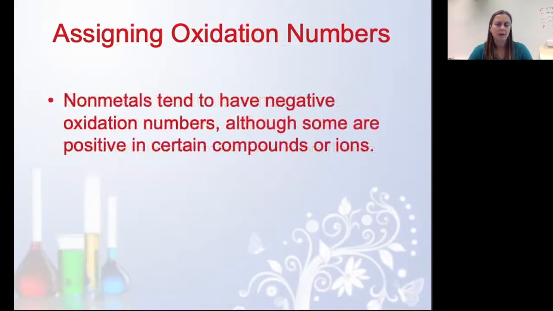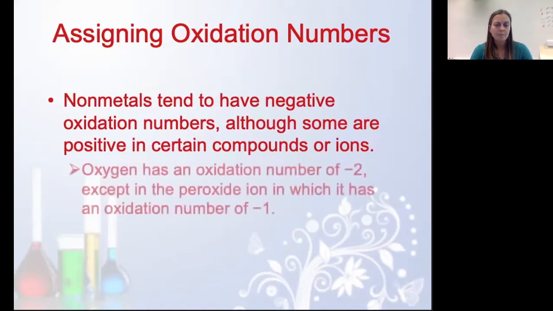Now, moving on to slightly more complex ones. When we talk about nonmetals, they tend to have negative oxidation numbers. They can be positive in certain compounds or in certain ions, particularly the polyatomic ions. Specifically, oxygen is going to have, unless it is in its elemental form, an oxidation number of -2.